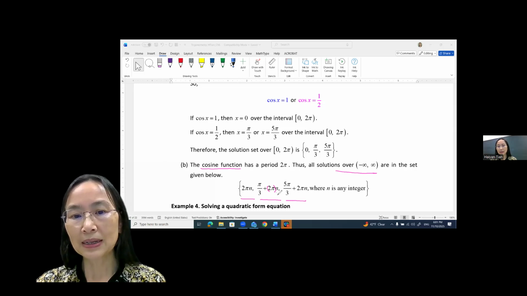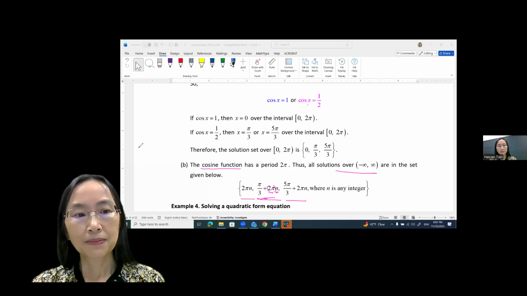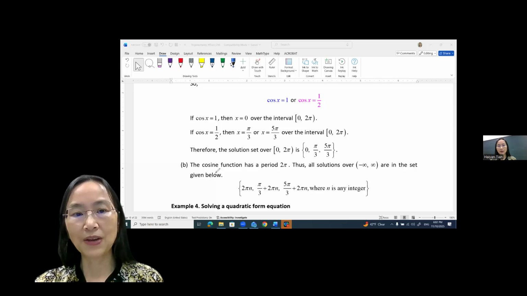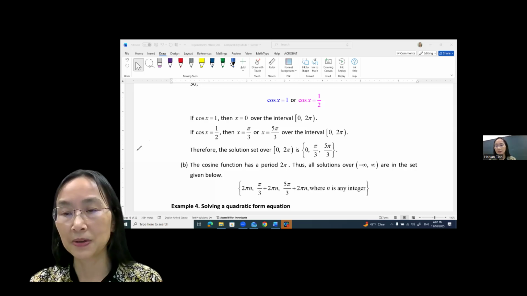So if you add any integer multiple of 2 pi, you still get the same cosine value. That's why, as soon as you find one solution, you can represent all solutions using the fact that the cosine function has period 2 pi.